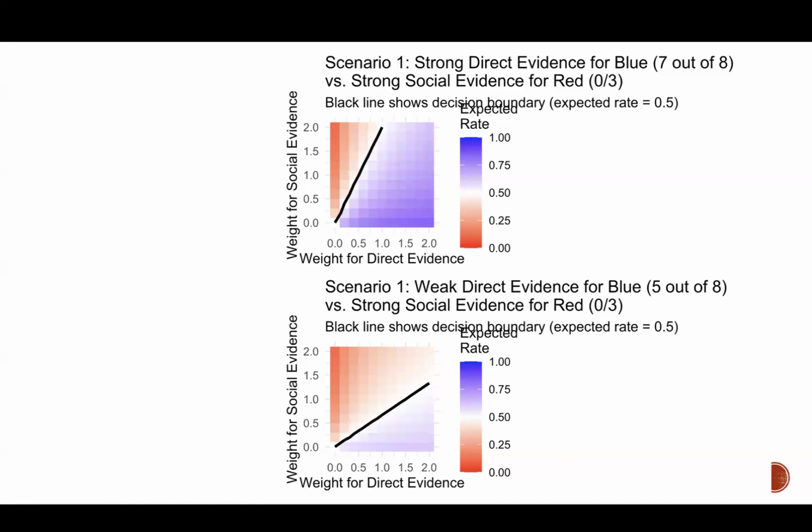It's out of 3 instead of out of 8. So the decision boundary in the lower one doesn't go as much down as it goes up in the other one. Even if there is strong evidence for red in the other, given we put implicitly less weight on the other because of the number of samples, then it doesn't influence our decision as much.